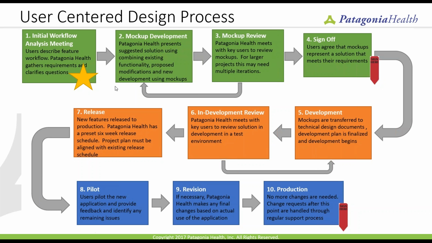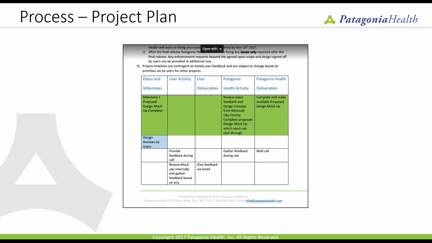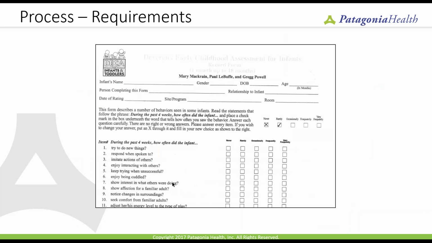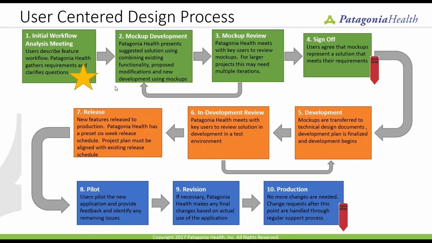But the process is the same, and at whatever point you enter the cycle, the first thing we do is we have analysts working with the customers to understand their needs, and that means collecting documents. Documents are things that they're using to fill out assessments. So we collect these kinds of documents. We talk about reports that are necessary.